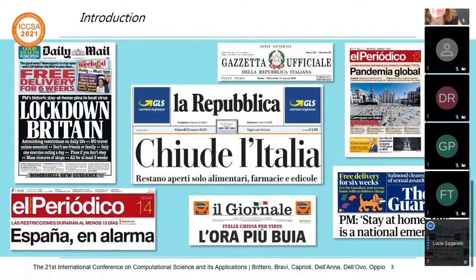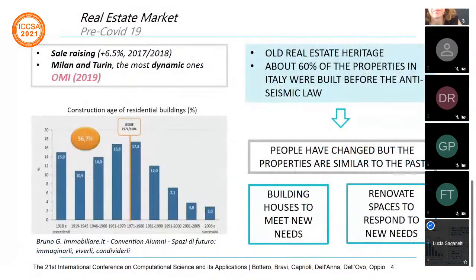These are some of the most important European newspapers, but focusing more in detail on the Italian context, we were trying to understand how was the situation according to the real estate market and sales before COVID-19. In Italy, in detail, sales were rising, and the most dynamic cities were Milan and Turin.